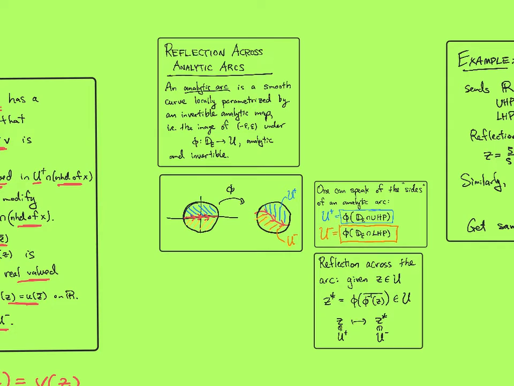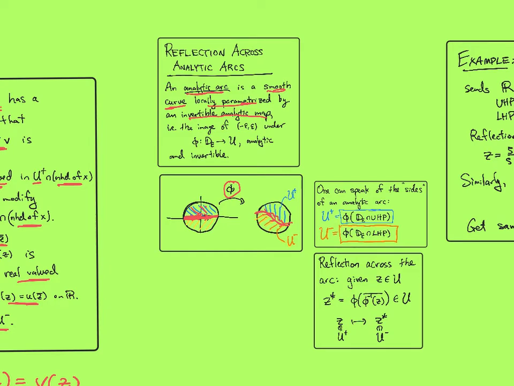So an analytic arc is a smooth curve locally parametrized by an invertible analytic map. So locally, it looks like you're taking a piece of the real line under an analytic map and sending it into the plane. And so when you do this with an analytic arc, you have sort of two sides to the curve, and it comes from an analytic map.